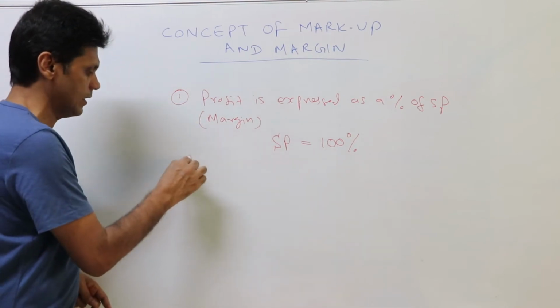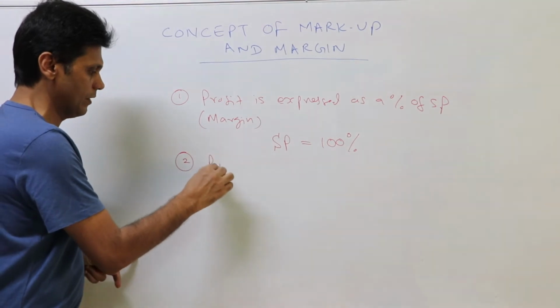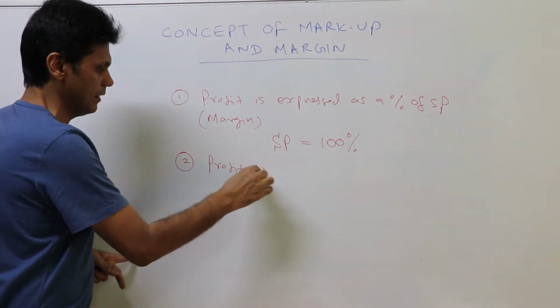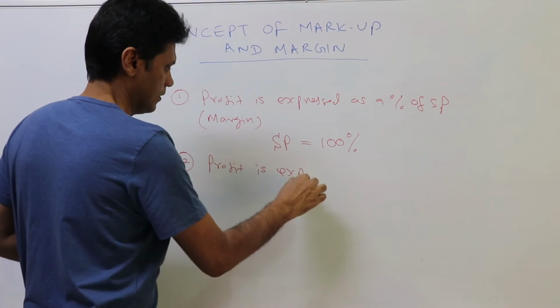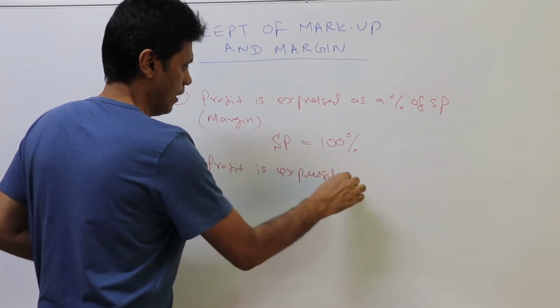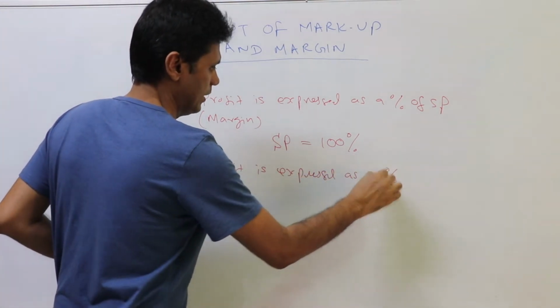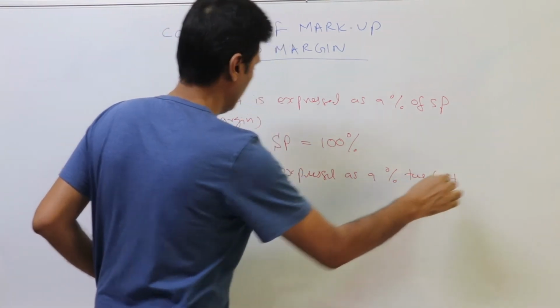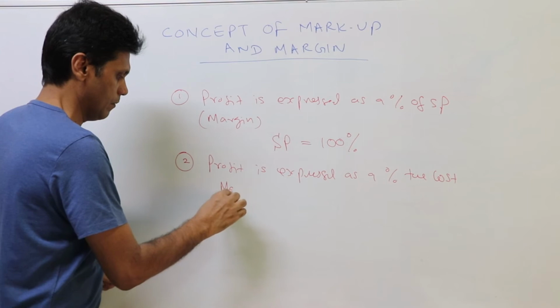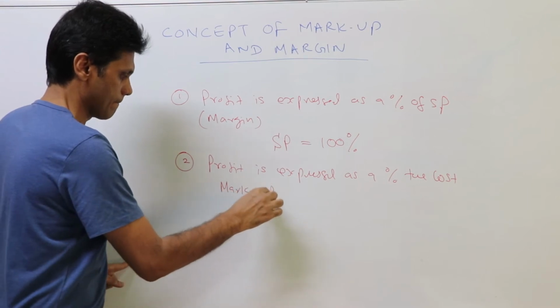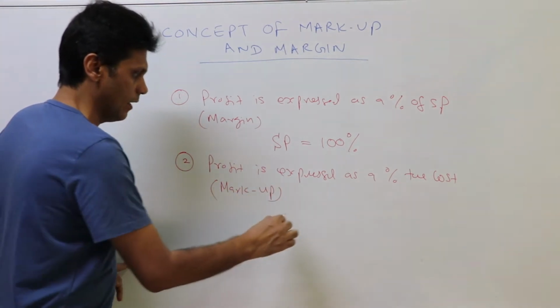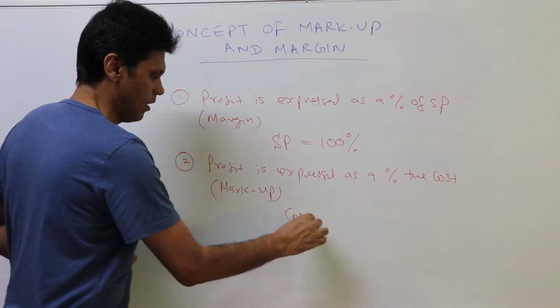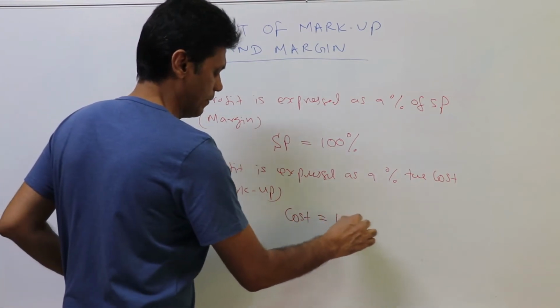And the second one: if the profit is expressed as a percentage of the cost, or we call it markup, then you assume the cost as 100%.